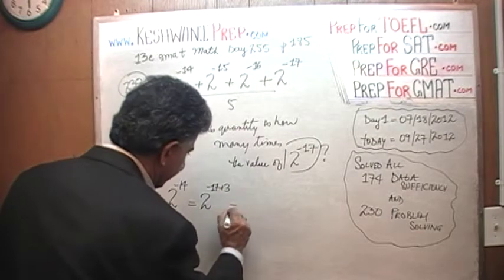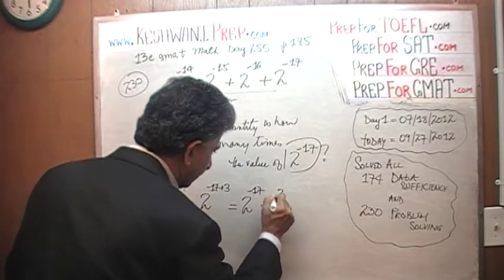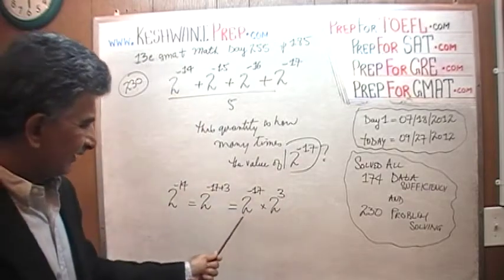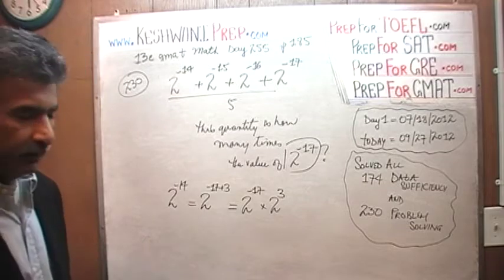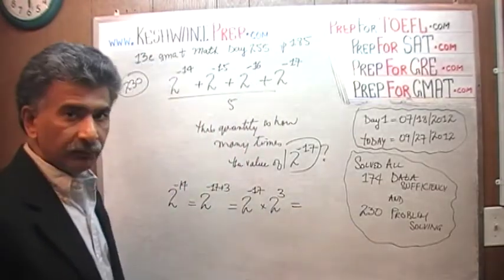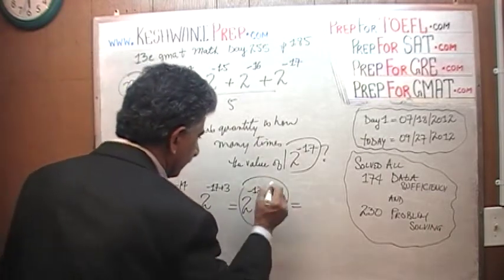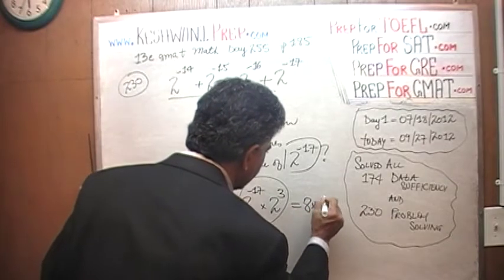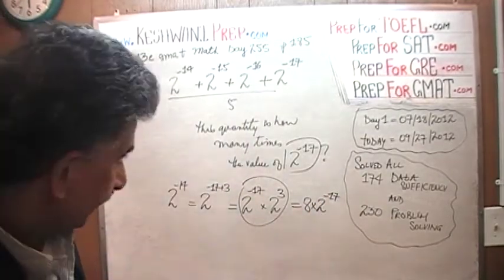And that can be written as 2 raised to negative 17 times 2 raised to 3, because of course if the bases are the same, you would add the exponents. Negative 17 and positive 3 will give us negative 14. And 2 raised to 3 is 2 times 2 is 4, 4 times 2 is 8. So this quantity can be written as 8 times 2 raised to negative 17. You see?